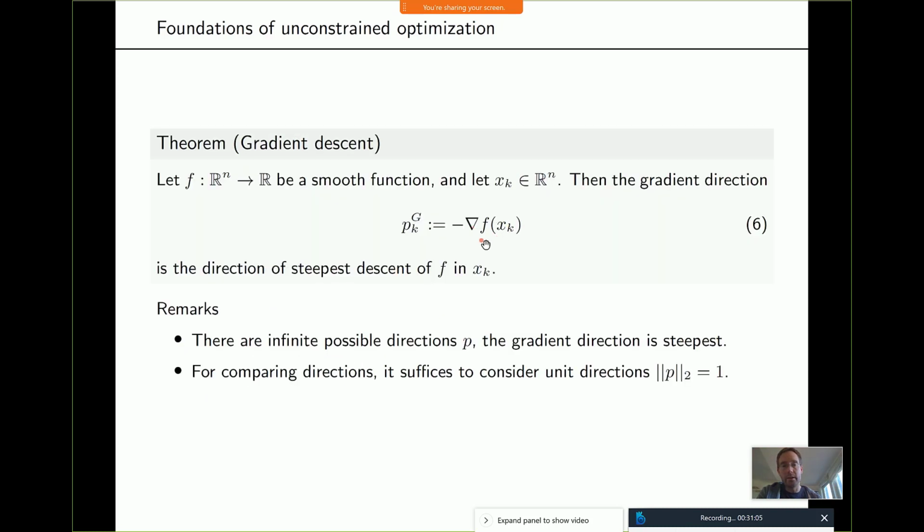Although the gradient direction says it's steepest descent, going in this direction does not necessarily ensure that you really make big progress towards the minimum, because, for example, if alpha is very small, then if you stand on the hill and go into the direction of steepest descent, you might just go one step into this direction, and then you're still on the hill.